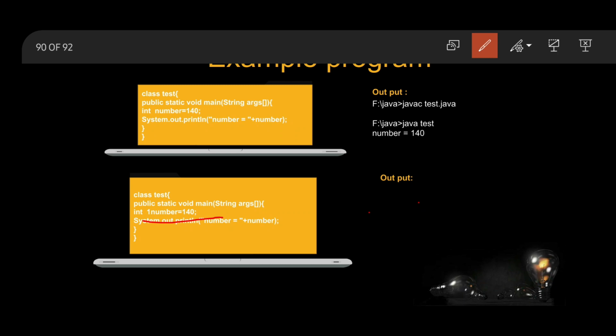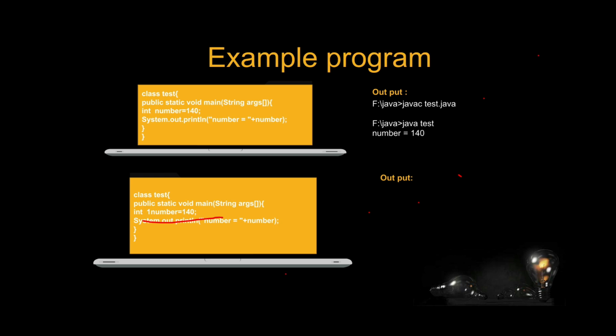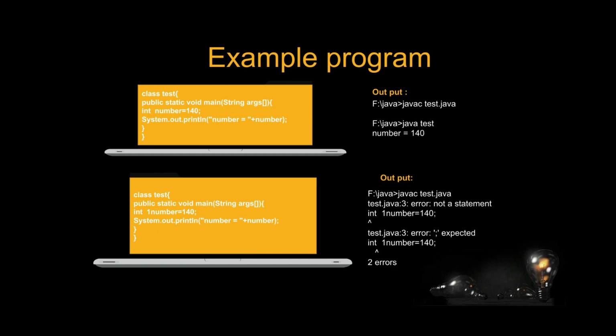Here what is the problem? Is it a valid identifier or not? No, it's not a valid identifier. Here identifier is started with number, so it will give compile time error. So while compiling Test.java file, you get an error: not a statement, int 1number equal to 140.